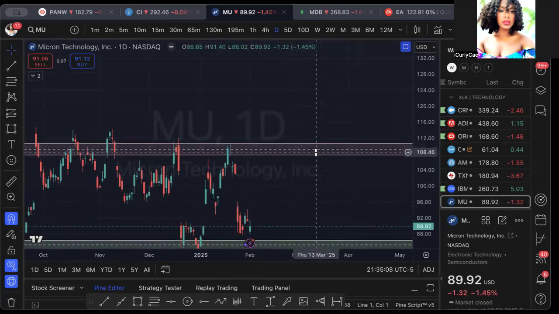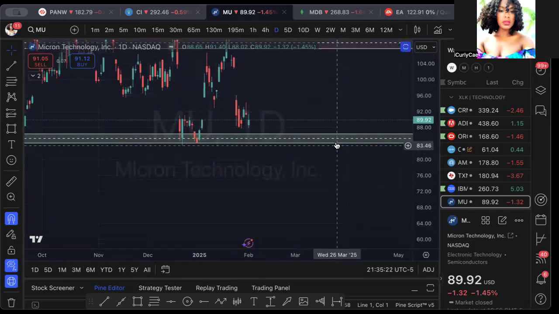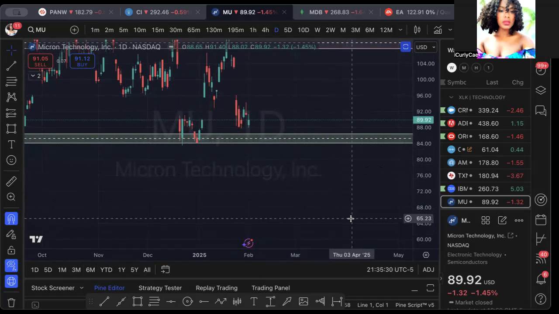So this would be this color down here, and it would hold as a form of demand. We could come to this area, test it, and then possibly push back to the upside. Also, your demand zone can flip into a supply zone. If we lost this level and started to pull down, when we start to push back up, this could serve as a form of supply. So it can definitely flip.